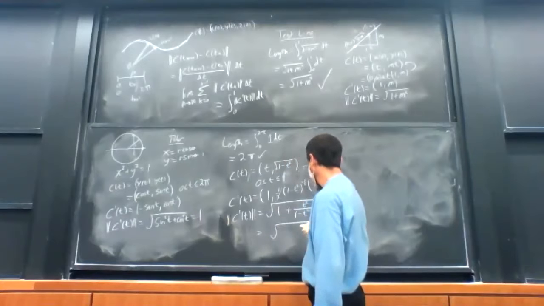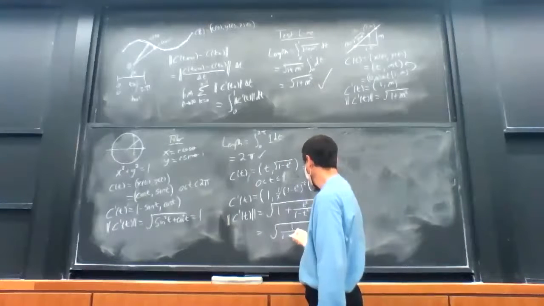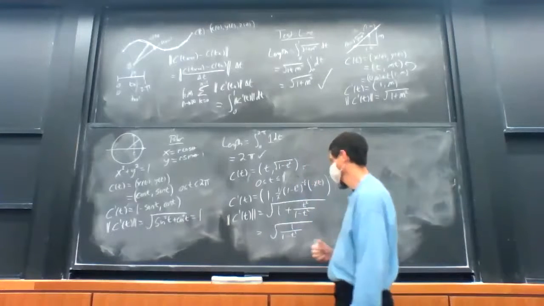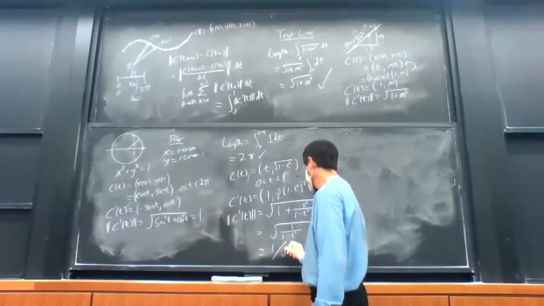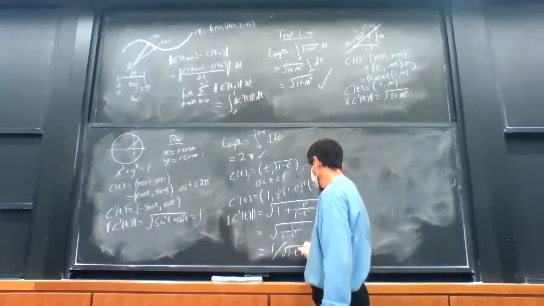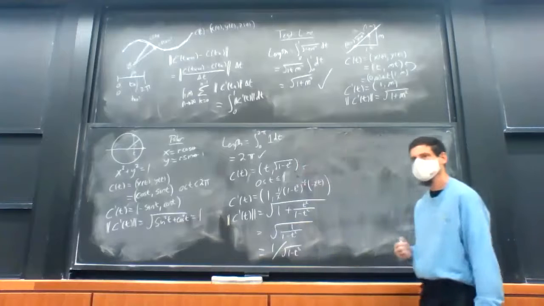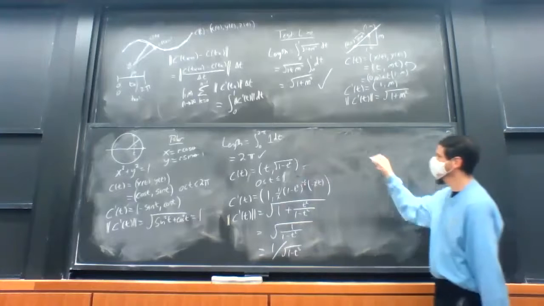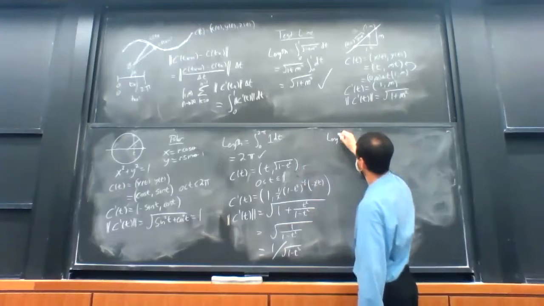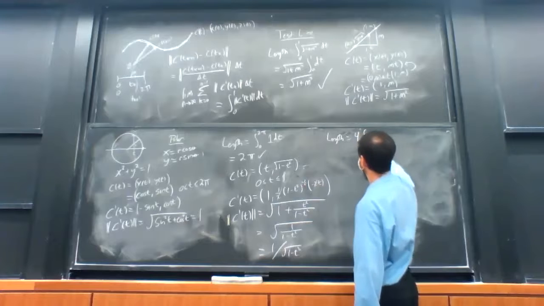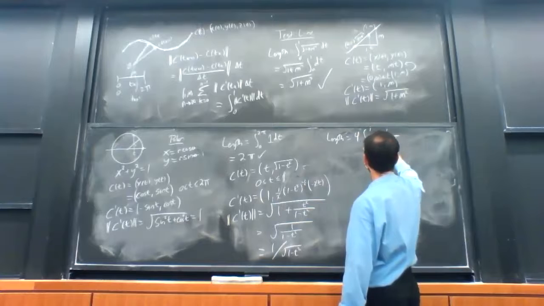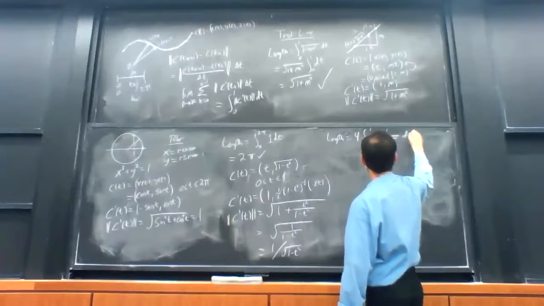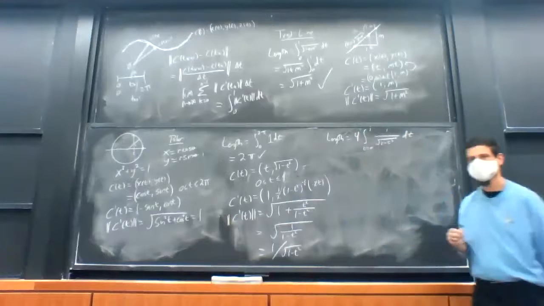We get the square root of 1 over 1 minus t squared, which is just 1 divided by the square root of 1 minus t squared. So I now have the length is 4 times the integral t goes from 0 to 1 of 1 over the square root of 1 minus t squared dt.